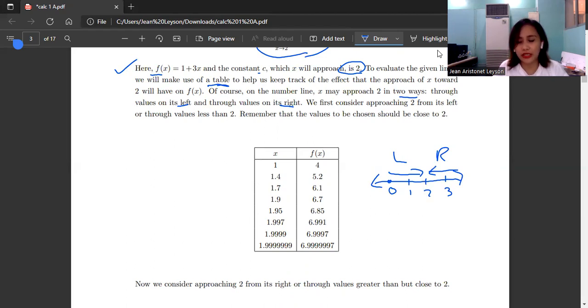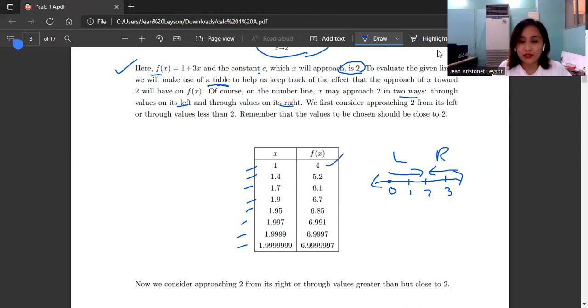So we can actually use 1, since that's 1 unit before 2. We can use 1.4, 1.7, 1.9, 1.95, 1.997, 1.9999, and we can even use 1.999999. You can actually choose any value as long as it's close to 2 from the left.